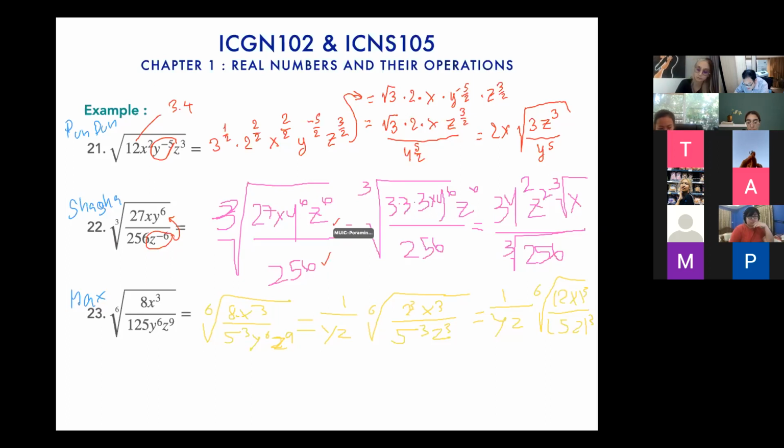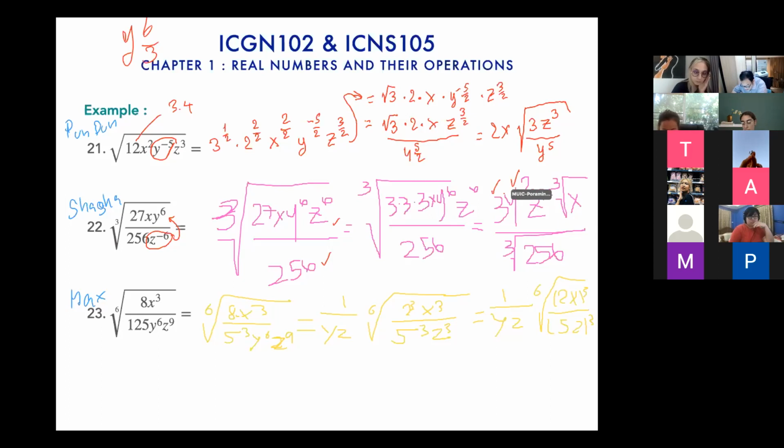This is okay. Next, she has the cube root and she tried to make 27 to be 3 cubed, xy to the power of 6 over 256. Yes, that's correct. And then she made 3 to be outside the cube root. Yes, this is okay. Y squared, because she got y to the power of 6 over 3, so she has y squared. This is correct.